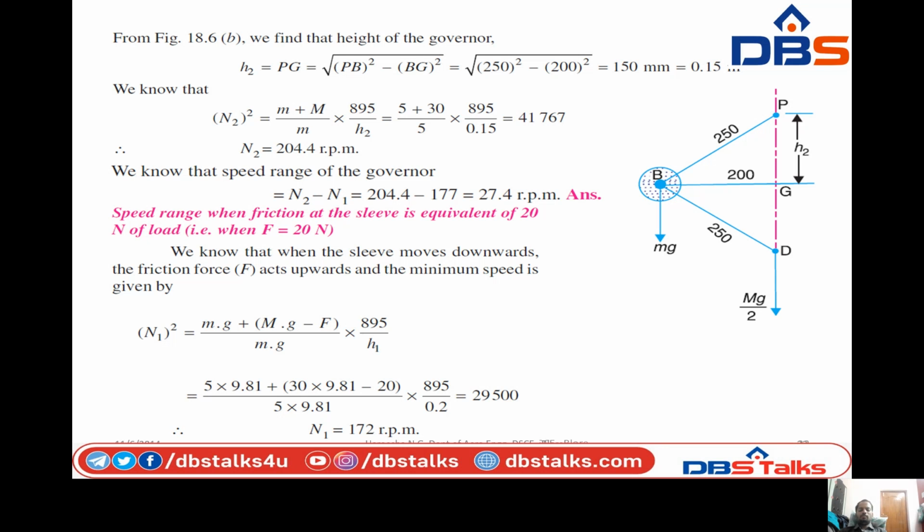Up to there, the problem solving is similar. But there is a condition: so far the friction was 0. Here we are now implementing the friction. The speed range when the friction at the sleeve is equivalent to 20 Newton of load, that is F equals 20 Newton, is what we are considering.